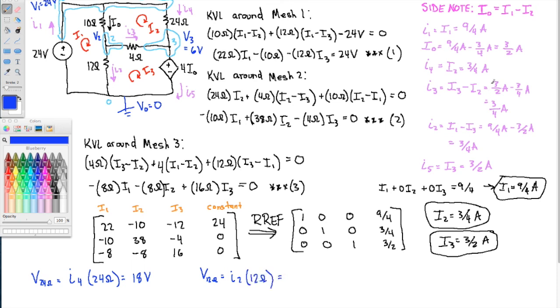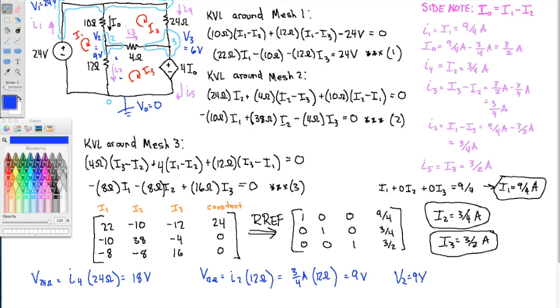Well, I2 was 3/4 amps. So 3/4 amps times 12 ohms, that's 9 volts. So there's a 9 volt drop in the direction of I2, in this direction. So if the bottom of the ramp is 0, then what must have been the top? 9 volts. Therefore, V2 is 9 volts. So we have the voltages everywhere.